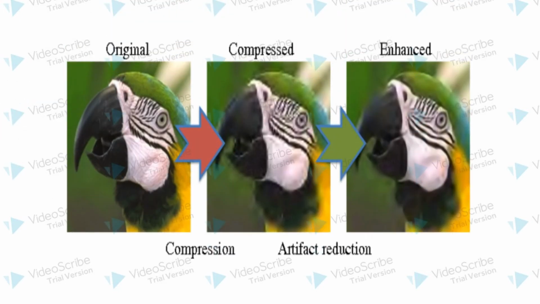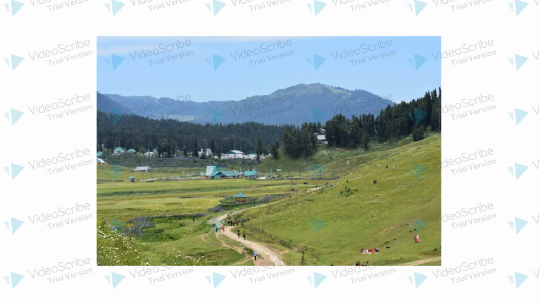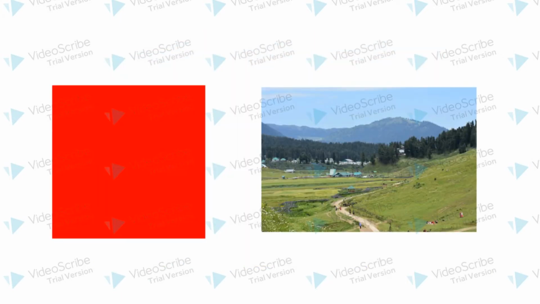It's easy to see this effect on an image that has been saved with a high amount of compression. All those ugly looking squares are known as compression artifacts. Some images like this red square can be compressed more easily than others like this complicated photograph because the red square is very simple with a lot more redundancy, but that's how a JPEG uses spatial compression.